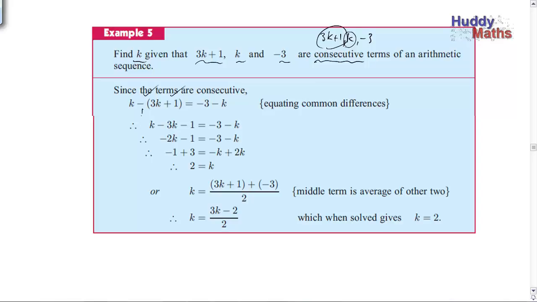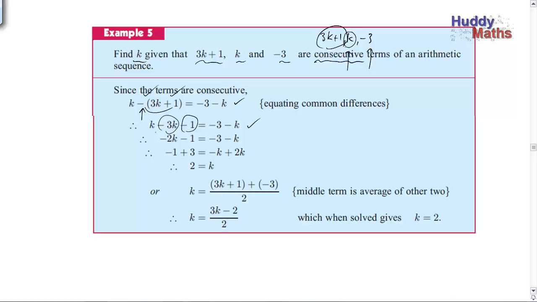Watch the bracket, because you're taking away 3k plus 1. All of that has to equal this one minus this one. Equating common differences. Now removing the bracket, that's negative 3k and take 1. That's why you need the bracket. If you're subtracting 3k plus 1, you're subtracting 3k and the 1. And then we have this over here.